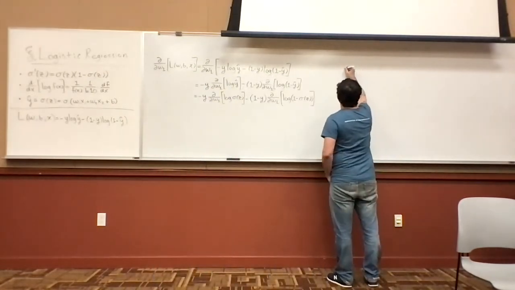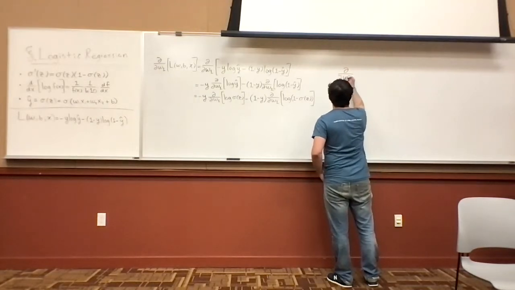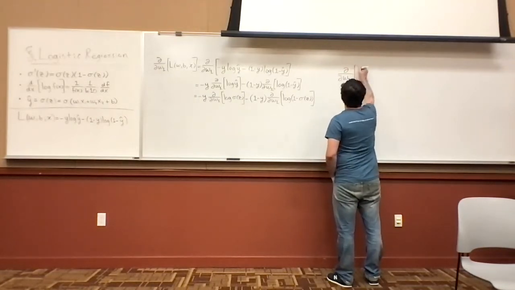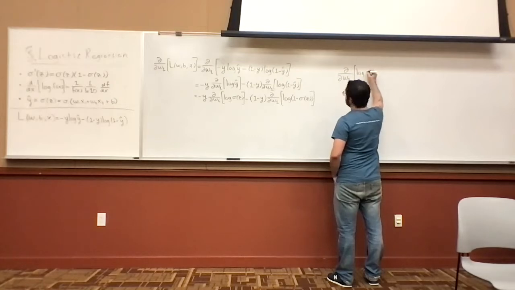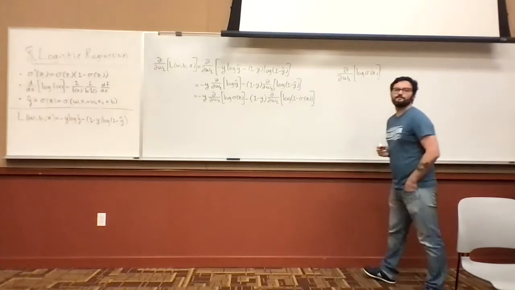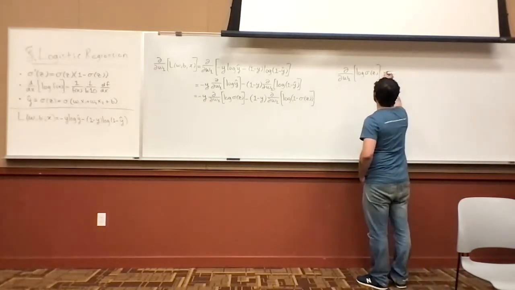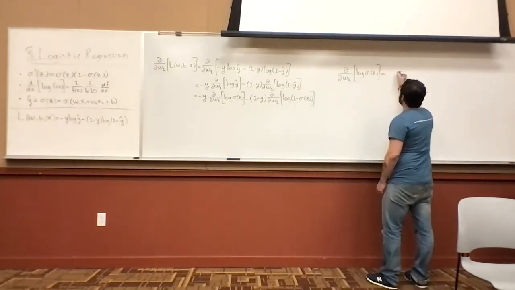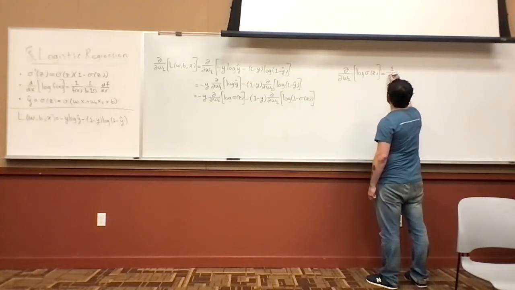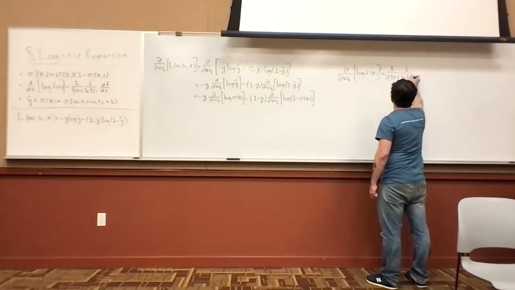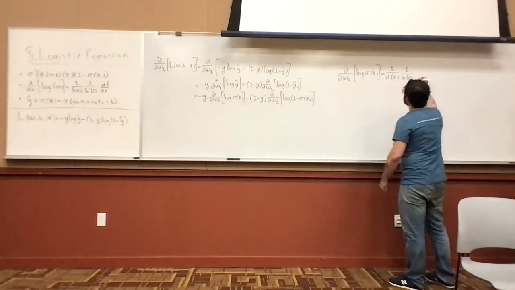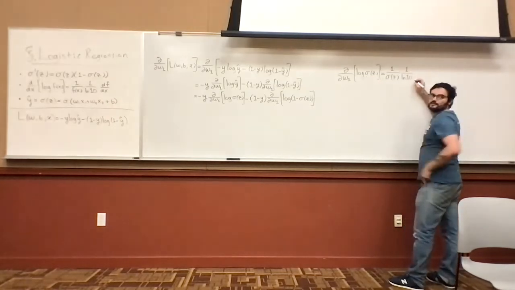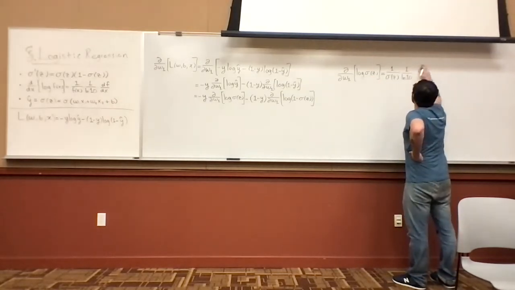So the partial with respect to w1 of log of sigmoid of z is equal to 1 over sigmoid of z, times 1 over natural log of 10, times the derivative of sigmoid of z with respect to w1.